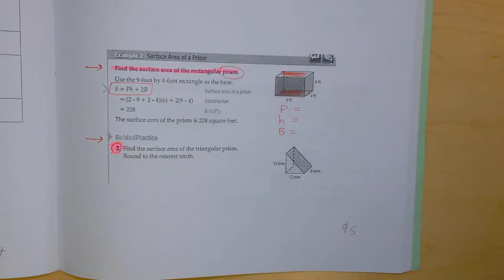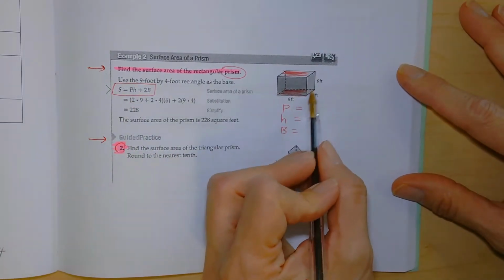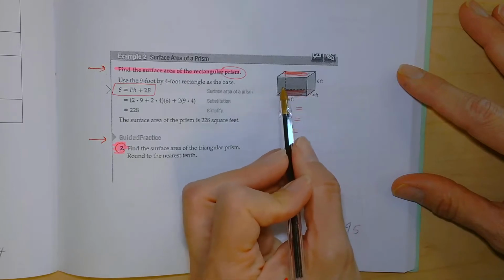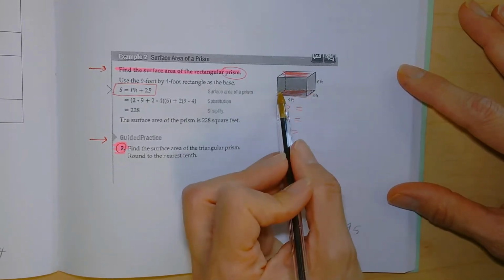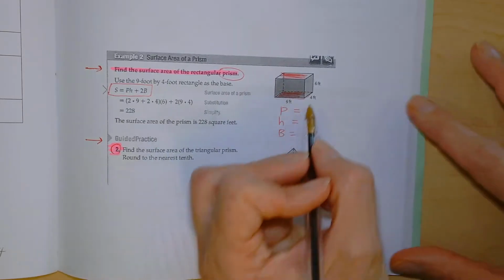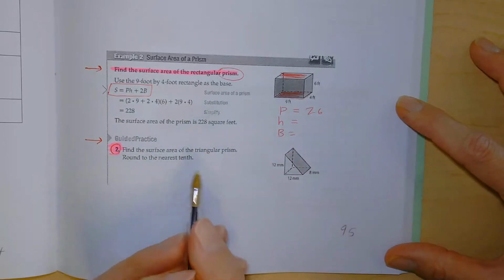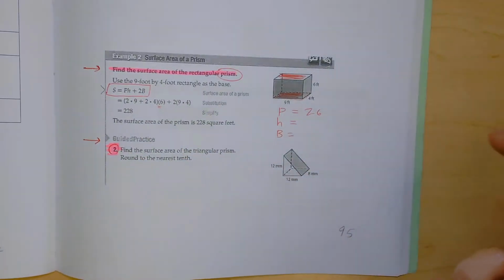All right, so if I do my 2 plus 9, I'm going to do 4 plus 9 plus 9. So that's 9 plus 9 is 18, plus 4 is 8 more. 18 plus 8 is 26. So the perimeter of this guy is going to be 26. Now, the height of the object is the height of the object when it's sitting on its base.